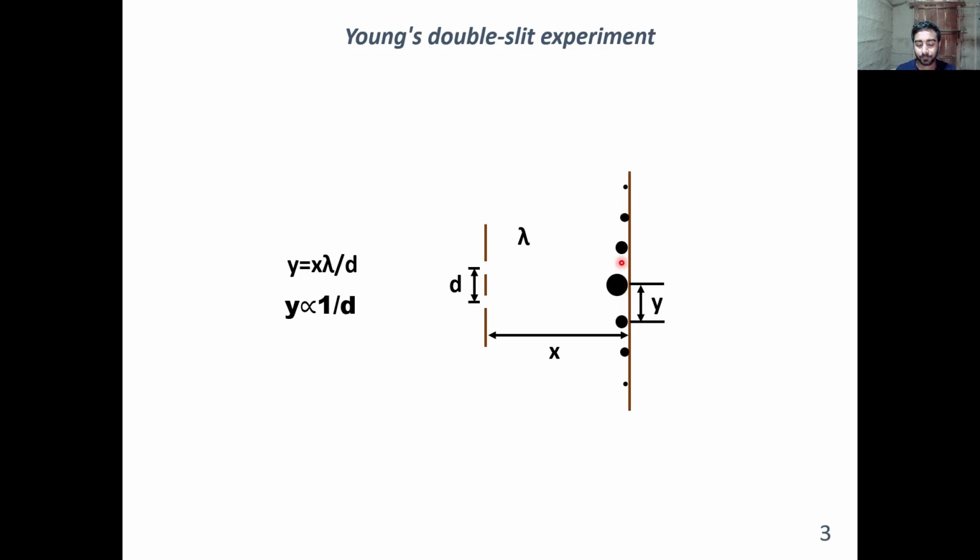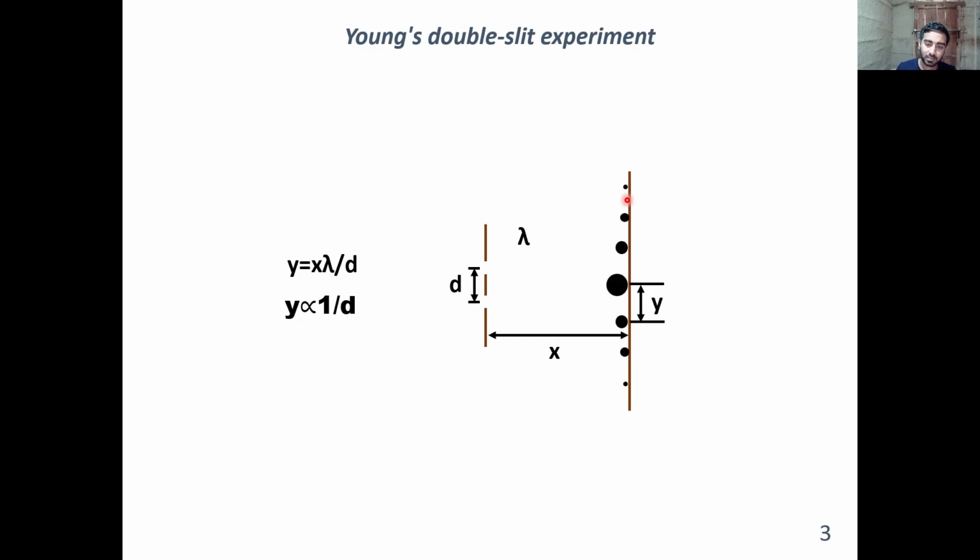Here I put some circles, where a higher intensity spot is shown as a higher circle and a lower intensity spot as a lower circle. These are the spots, and the distance between the spots is y. The middle spot is highly intense.